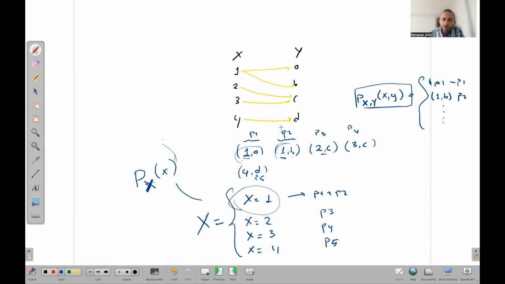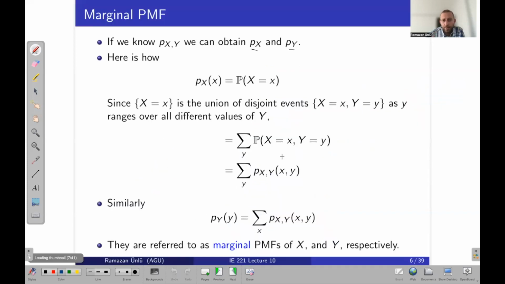And the summation of them will give me the probability of x, which is equal to that value. And that is simply the PMF of the x values. So let me clear that one.